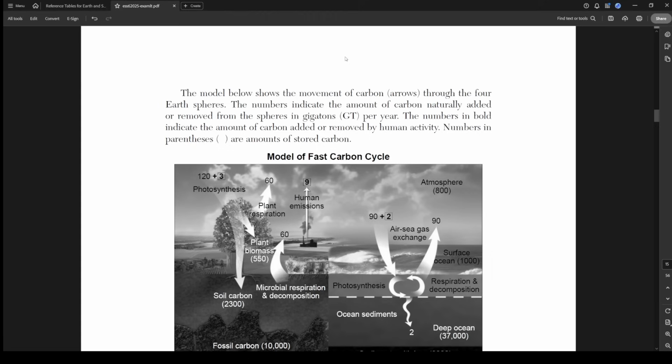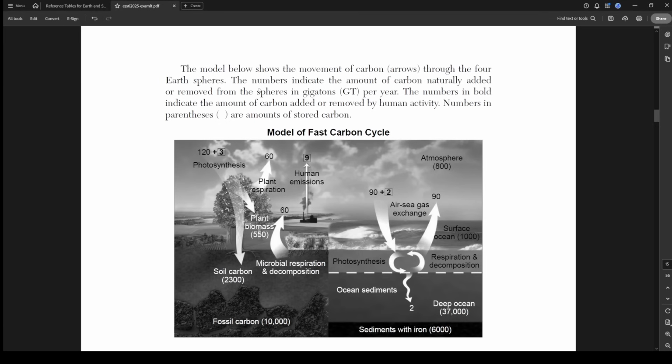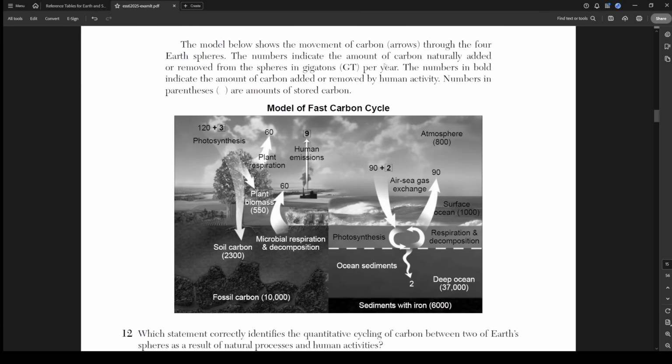The model below shows the movement of carbon through the 4 spheres of the Earth. The numbers indicate the amount of carbon naturally added or removed from the spheres in gigatons per year. The numbers in bold indicate the amount of carbon added or removed by humans. Okay, so bold is humans. Numbers in parentheses are the amount of carbon stored. The parentheses is stored.